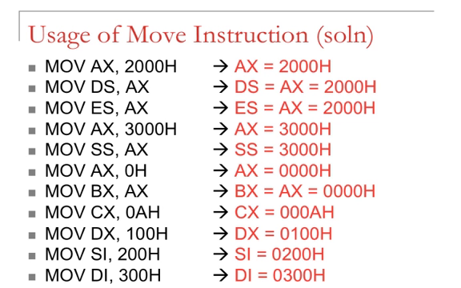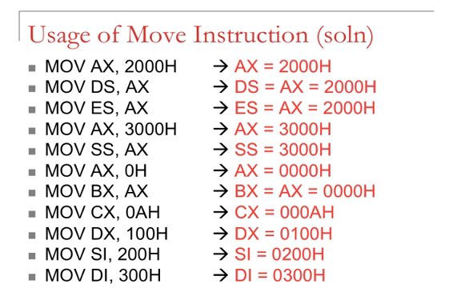Next instruction is MOV DS, comma AX. We said earlier that DS is a segment-based register. We can only do this data transfer using another register. So that's why we have these two instructions instead of having a MOV DS, comma 2000. So after the second instruction, DS also has 2000. The third one is similar.